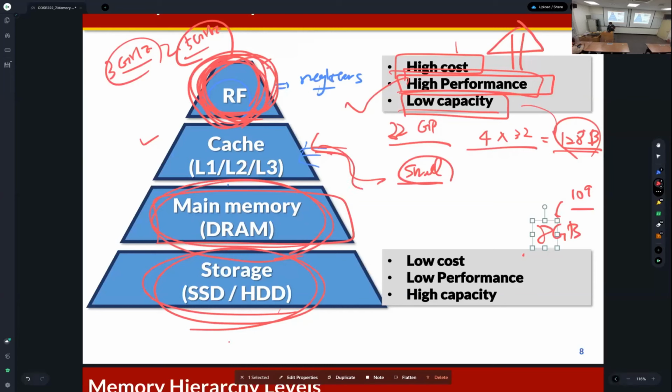Because the cache is small, its performance is higher than main memory, but the size is smaller because it is included in our CPU chip. Also, it's more expensive than the DRAM, the main memory. And we use main memory such as 4 GB or 8 GB in our computer system.